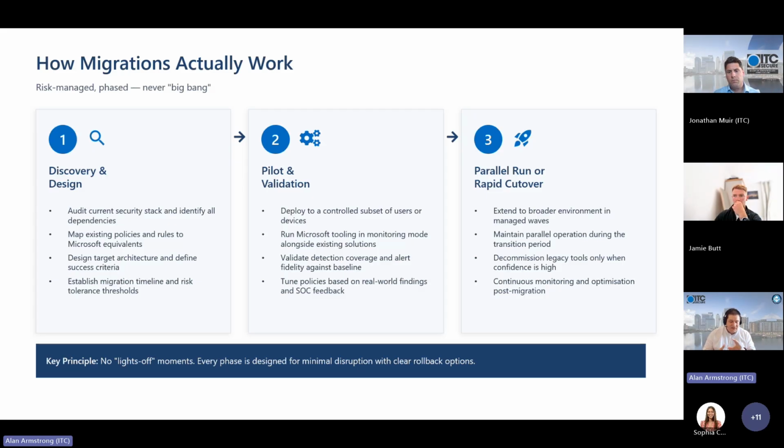So the key thing here, the way that we approach this, is it's never big bang. It is always pilot and validate, make sure it's doing everything we need it to do. We know what the configuration is going to be to then roll out, to reduce that risk or concern about migration.